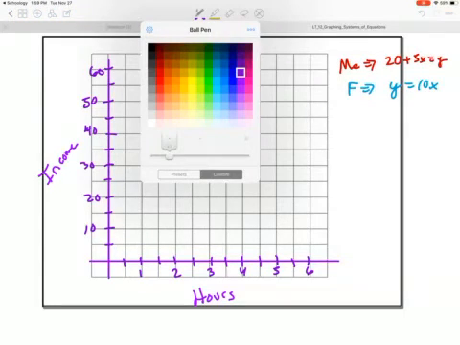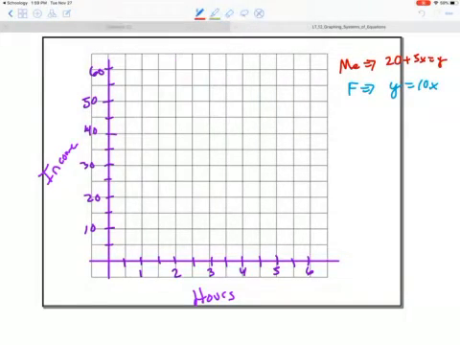I'm going to graph my equation, which is 20, and I increase by 5 each hour. So I go up 5 for 1 hour, up 5 for 1 hour, so on and so forth. Now I'm skipping 2 because of my scale.